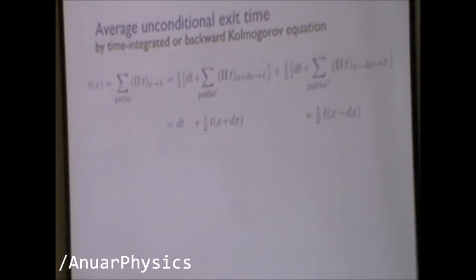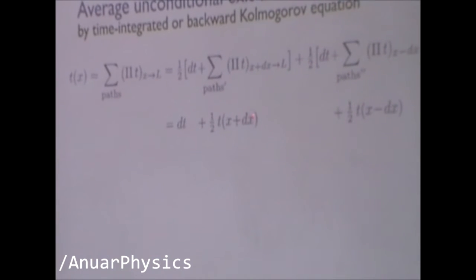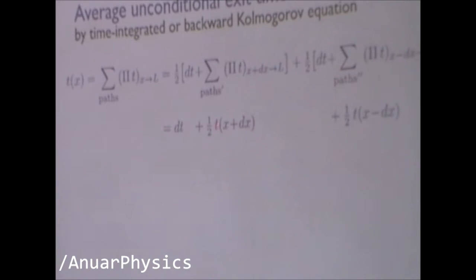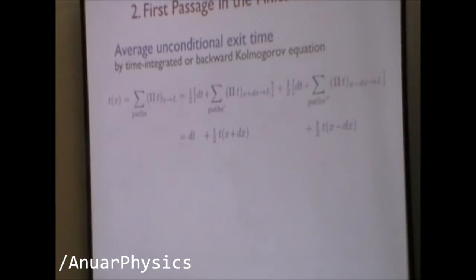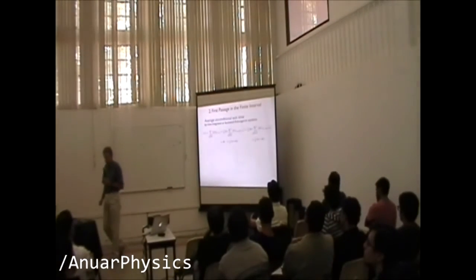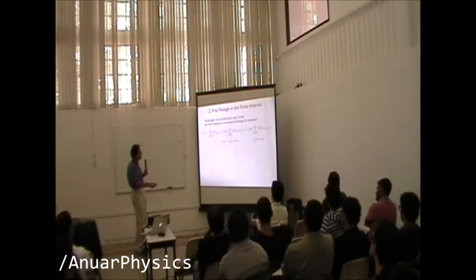And now we see that what's written over here is nothing more than the exit probability, I mean, not the exit probability, the exit time starting from x plus dx. So the 1/2 comes in, that's what's sitting here, and then 1/2 dt plus 1/2 dt sits over here. So we have, again, a very simple recursion formula for the exit time starting from x in terms of the exit time one step into the future.